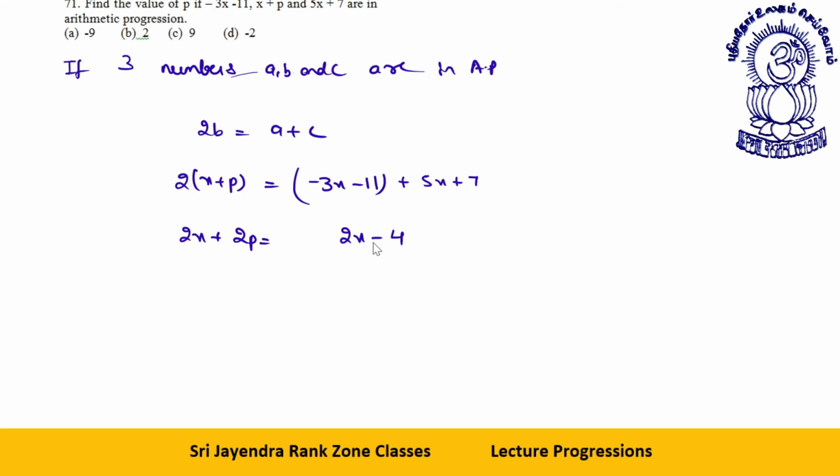So very easily, if I compare, these two are equal, these two will be cancelled. 2p is equal to minus 4. P will be equal to minus 2. Does it make sense, dear students? P is equal to minus 2. Option number D is your answer. I'm very sure it is clear to all of you.